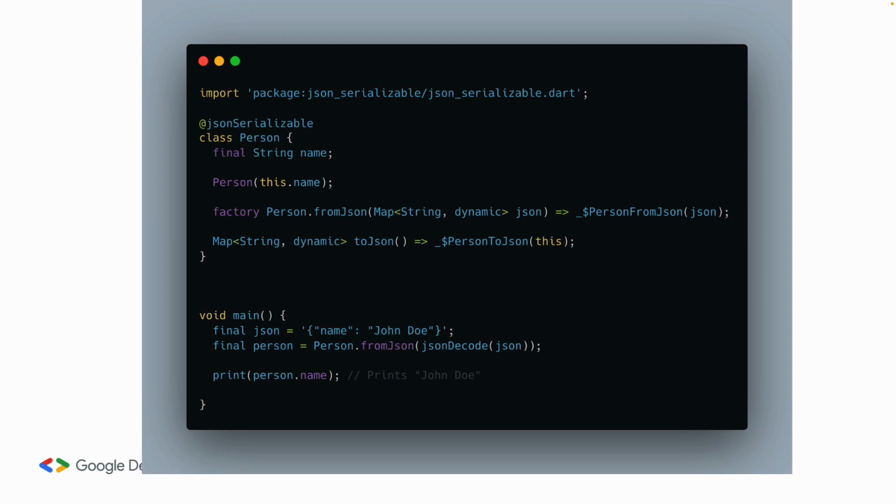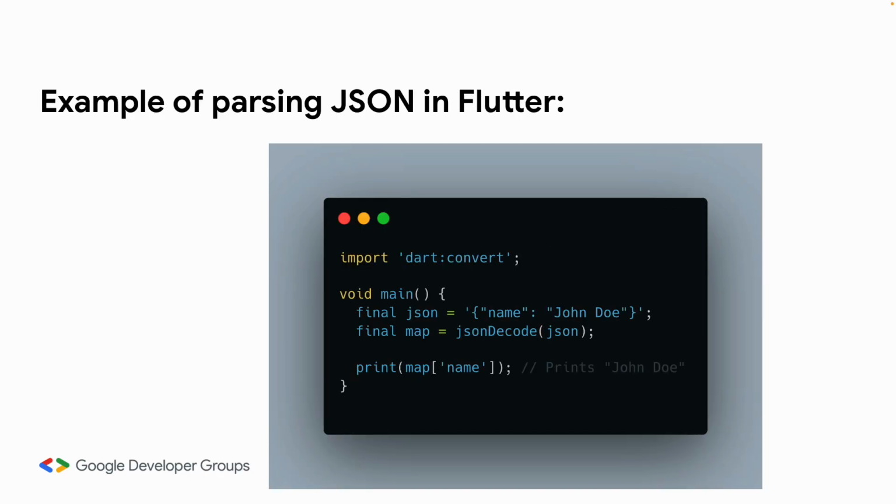Now, in the next example, we want to convert this JSON data that we are getting into an object to help us work with it more easily. Because in the first example, you can easily make a mistake in the name field.